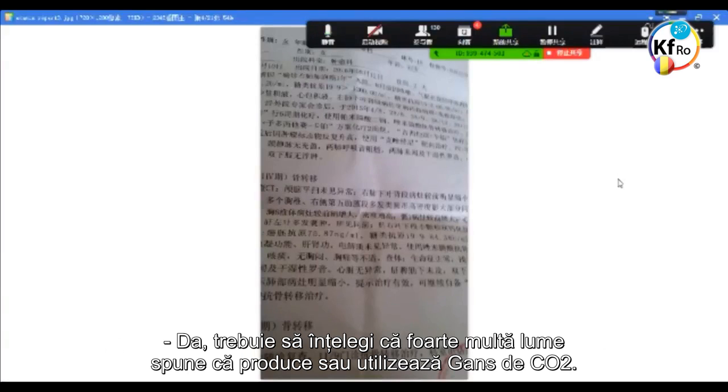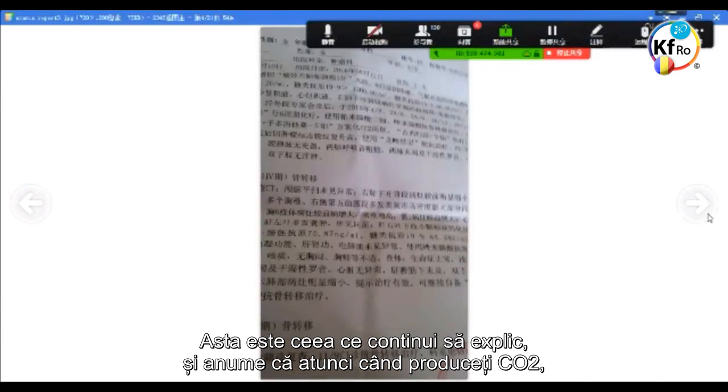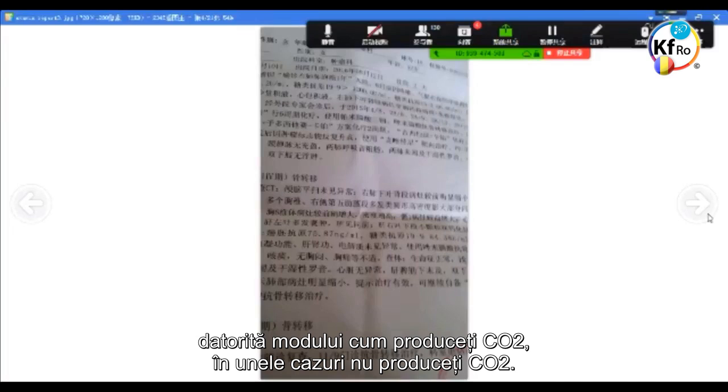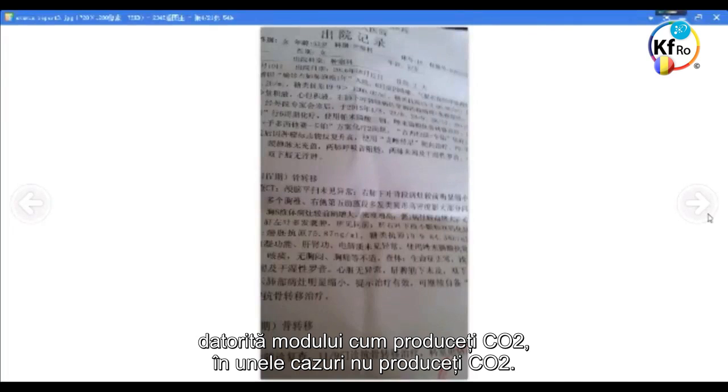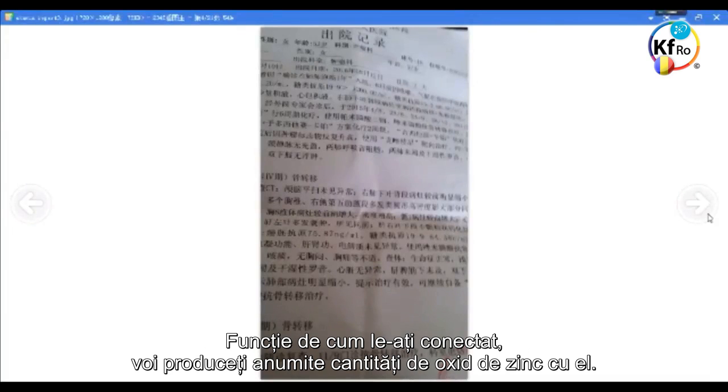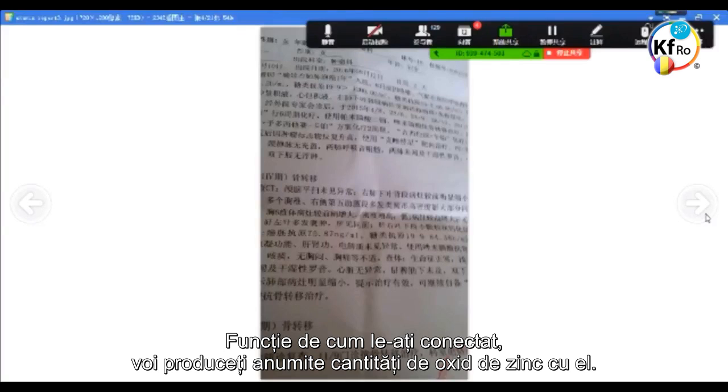Yeah, you've got to realize a lot of people just look at it and say you produce or use CO2. This is what I keep on explaining: when you produce CO2, because of the way you produce CO2, in some cases you just don't produce CO2. Depending on how you connected it, you produce a certain amount of zinc oxide with it.